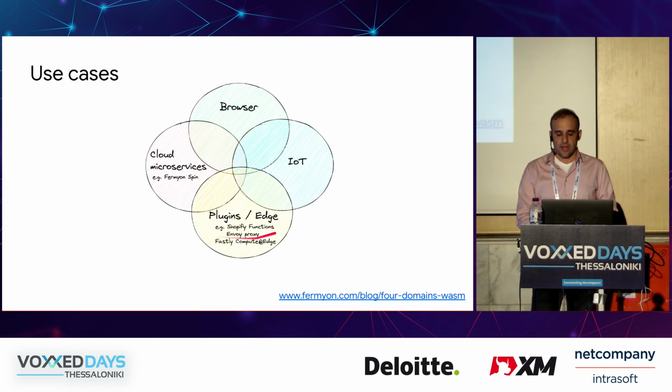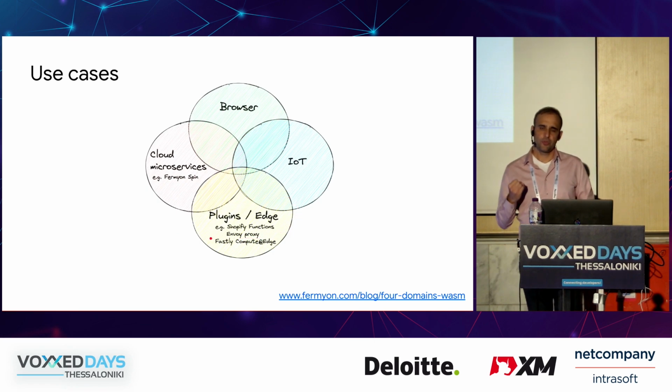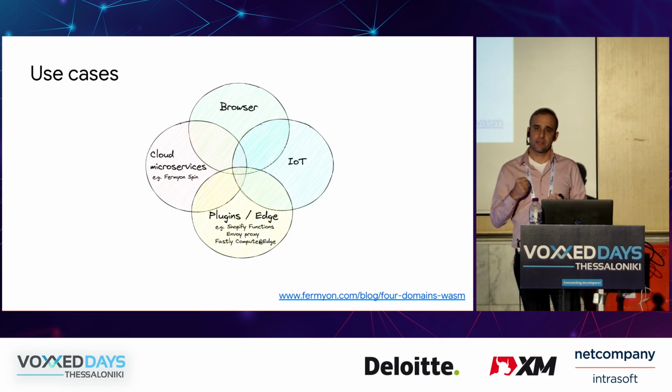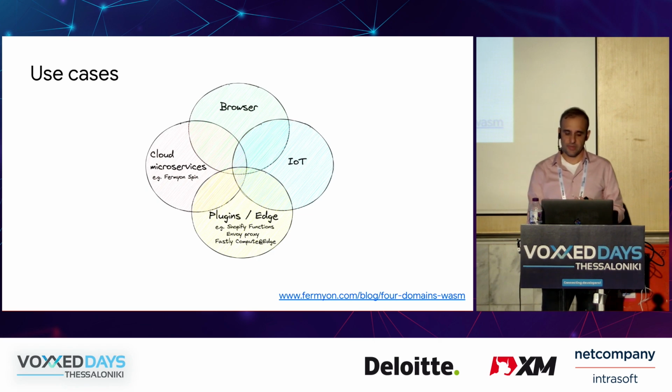Now the second area that's coming up is plugins and edge use cases. If you need to run some kind of custom code at the edge, but you don't trust that code, then maybe WebAssembly makes sense in that case.